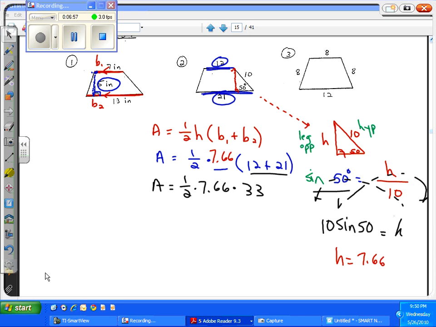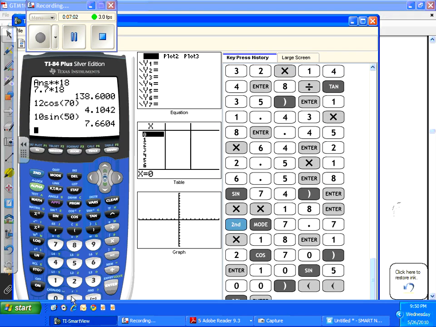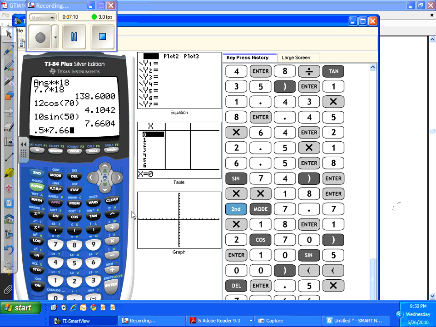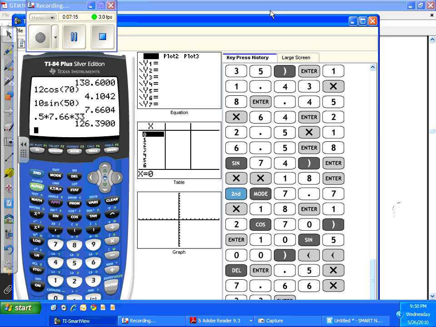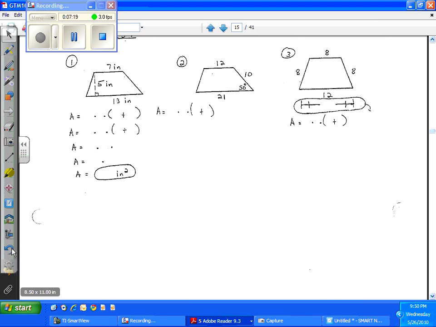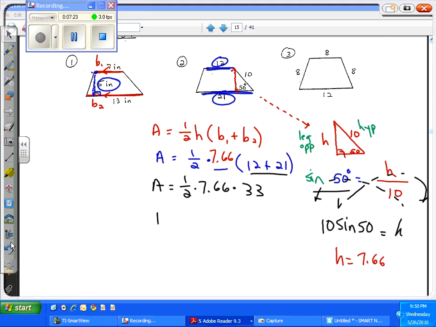So we just go to the graphing calculator here, 0.5 times 7.66 times 33, 126.39.